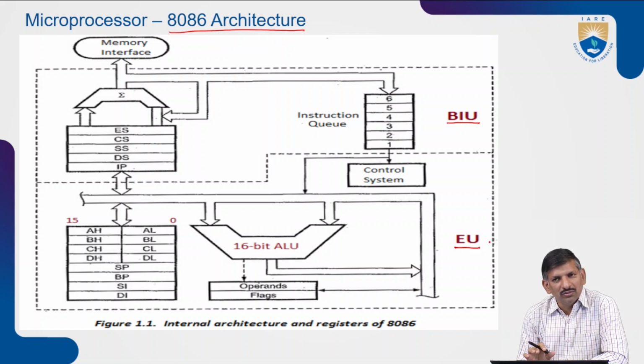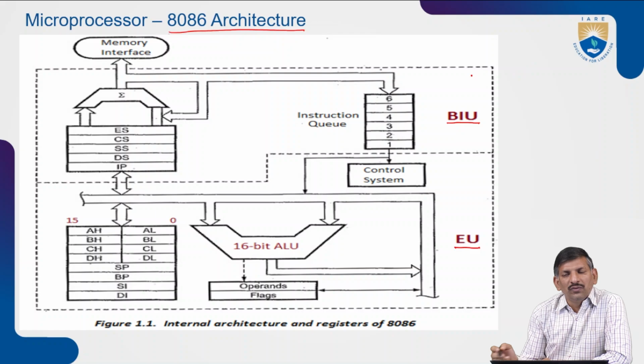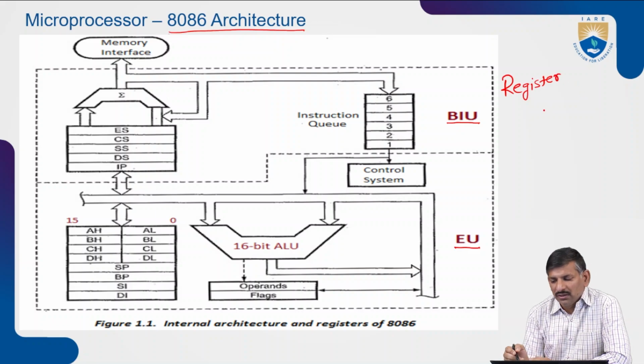If you want to know clearly about architecture, first you need to know the register organization of 8086 microprocessor. It contains 14 16-bit registers.